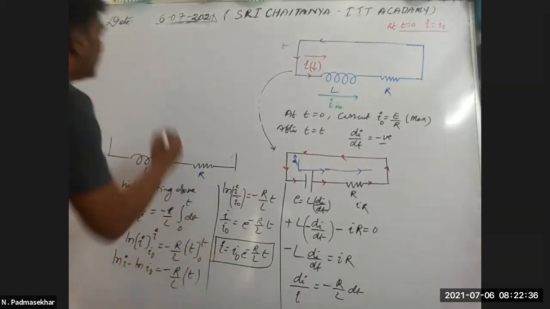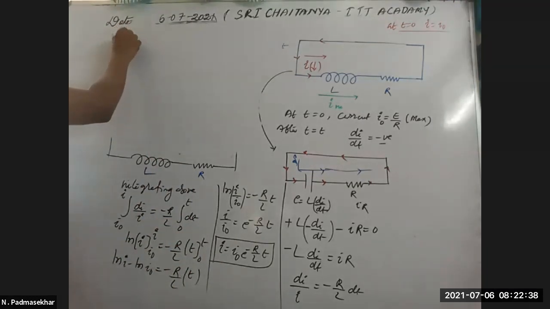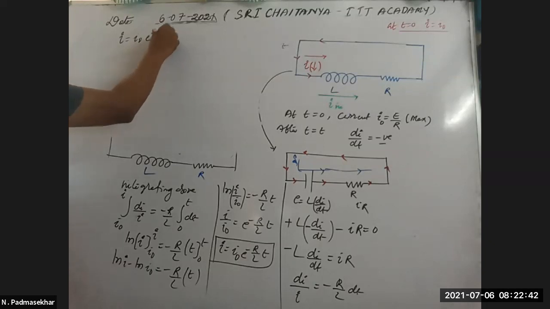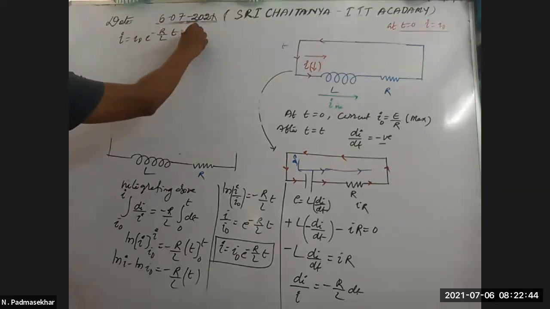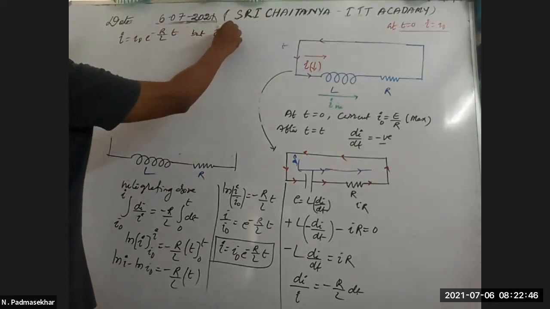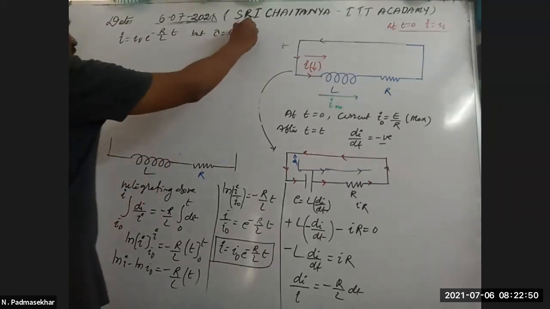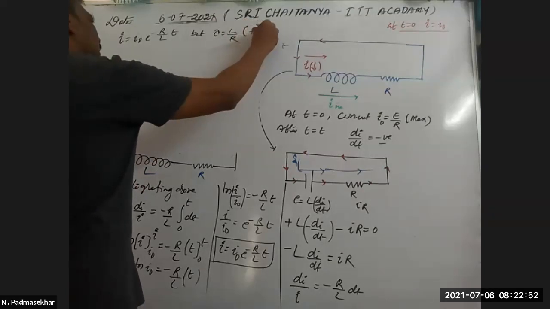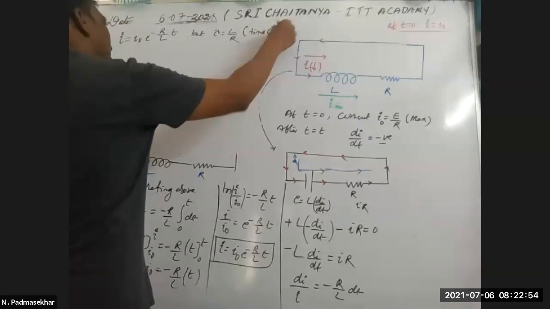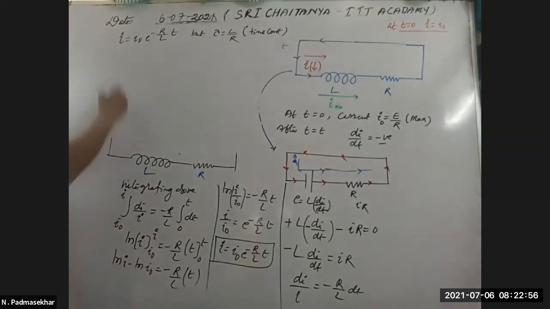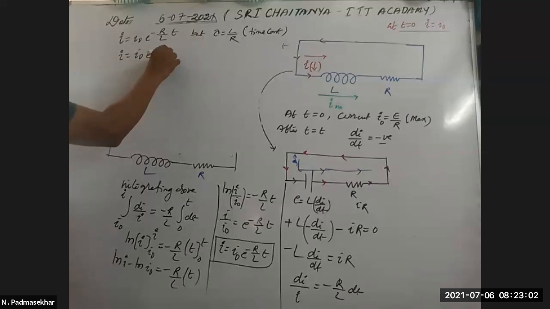So we know that I is equal to I naught e to the power of minus R by L into t. But tau is equal to L by R, the time constant. So I is equal to I naught e to the power of minus t by tau.